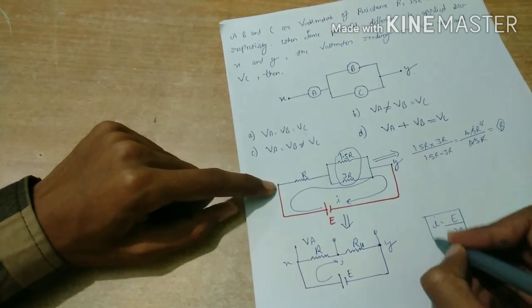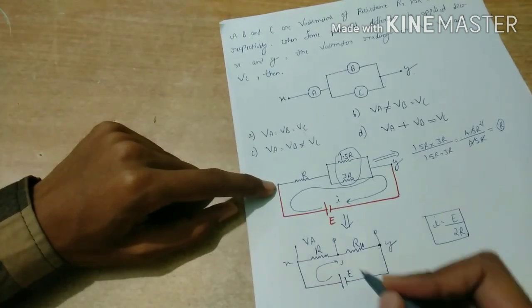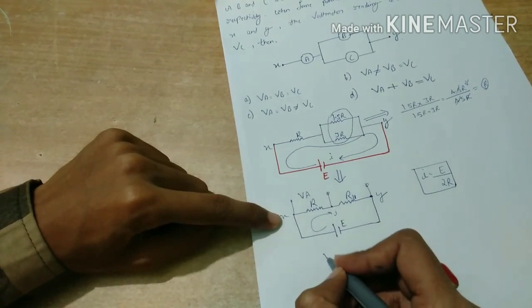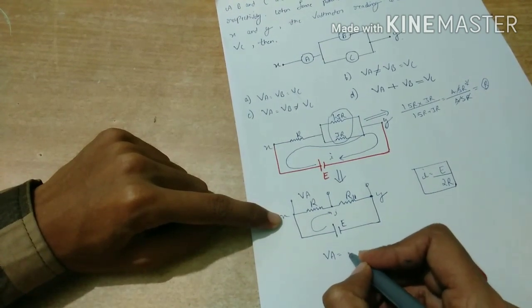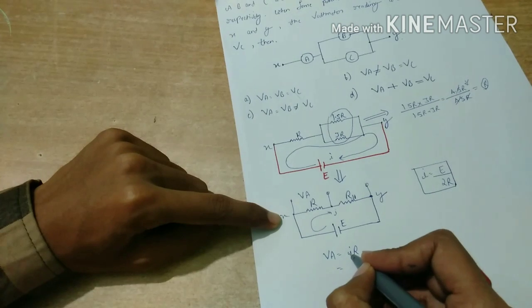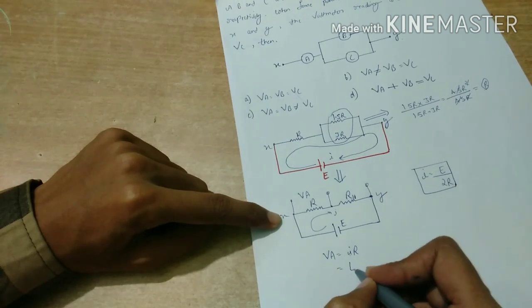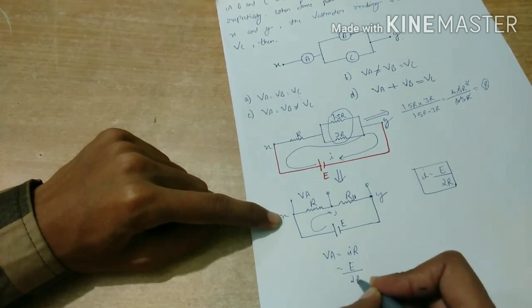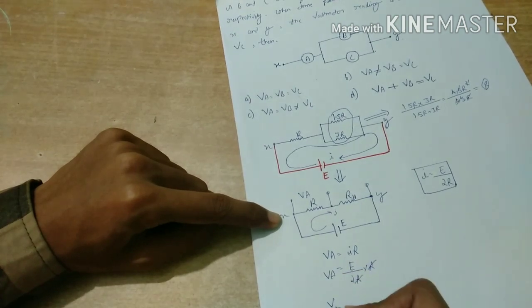This is the current. So the potential difference VA across R is equal to IR. Put the value of I from here: E divided by 2R times R. So we get the value of VA equal to E by 2.